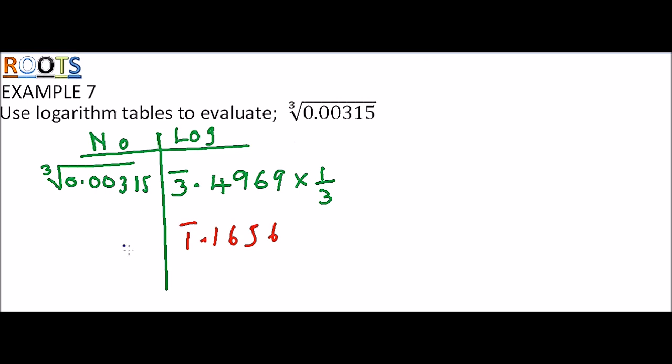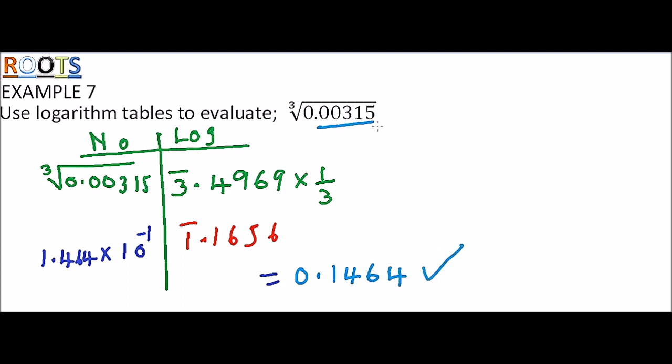Bar 1 represents 10 to power minus 1, multiplied by the anti-logarithm of 0.1656, which is 1.464. So when you multiply that by 10, you get your answer, 0.1464. So that is the cube root of this number.